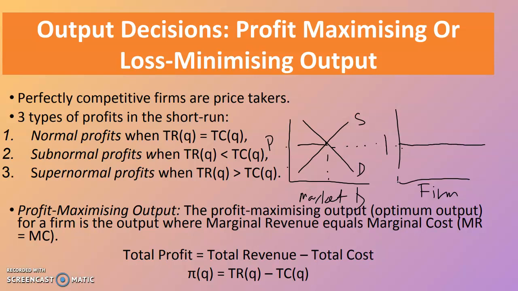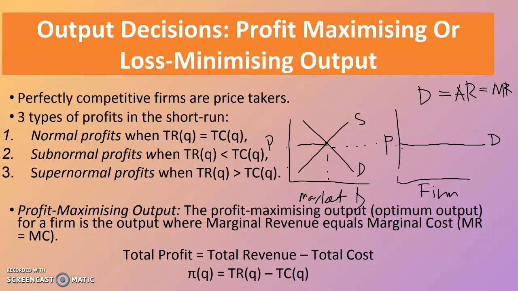So this is where our price is, and this is also where demand is. Demand is also equal to average revenue and also marginal revenue. So this is how price is being determined, since the firm is a price taker and it cannot influence the price given by the market.